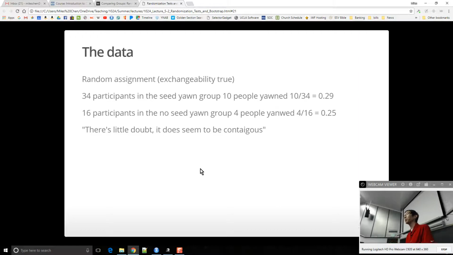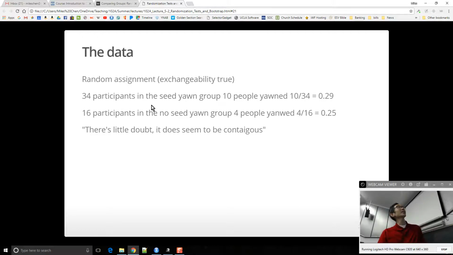Because on another day, some people might have stood in a slightly different order, and one person who got a yawn this time may not have gotten a yawn any other time. So we can say that random assignment was used and the exchangeability holds true.